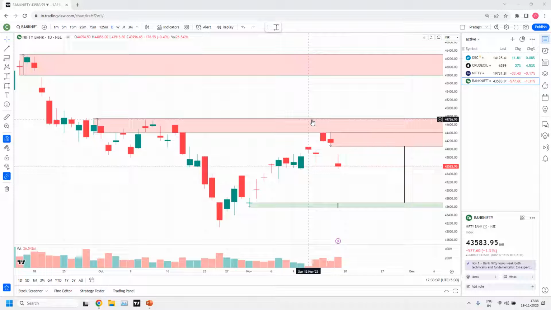We have seen in the last 1.5 months, the trades we identified with the help of high liquidity zones, we have seen only 2 failures out of 40 plus trades, not 40, 50 plus trades. In the last 1.5 months, we identified 50 trades based on the high liquidity, only 2 failed, remaining all success.